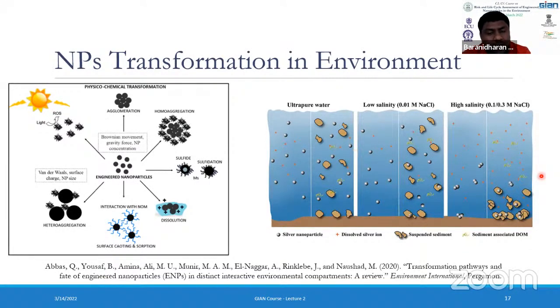So with respect to aggregation, the ionic strength is another key parameter which regulates the degree of agglomeration. The percentage of agglomeration that has happened is directly related to the concentration of the ionic strength that is available in the water.